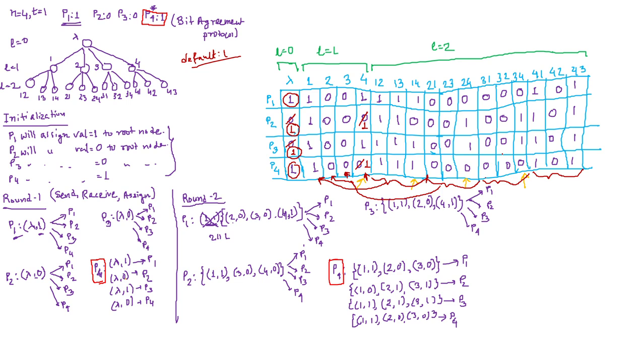Now one interesting fact to observe is that, looking at P1's EIG tree content before the assignment of new values, we can get some interpretation from that.